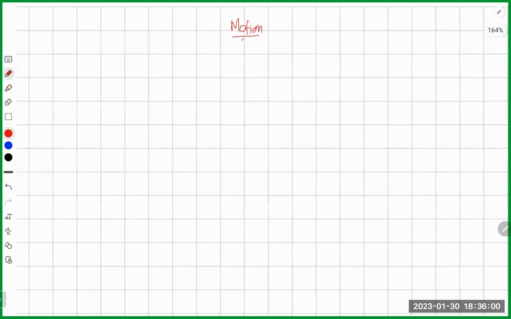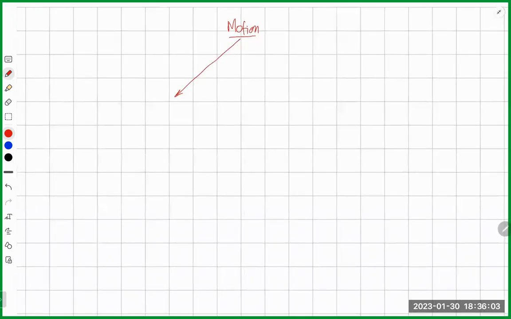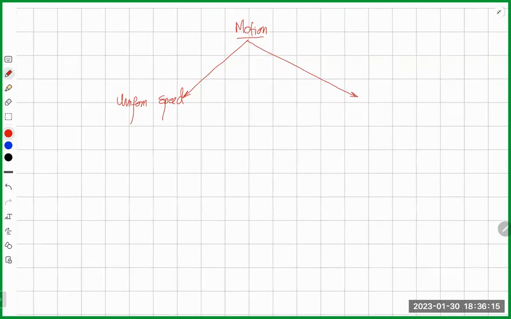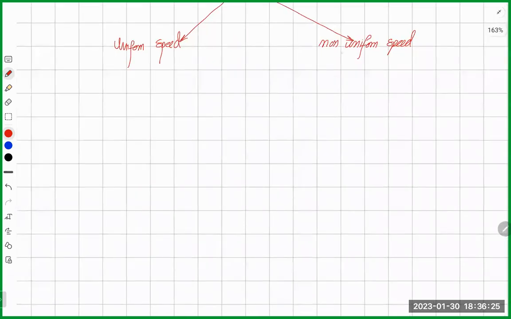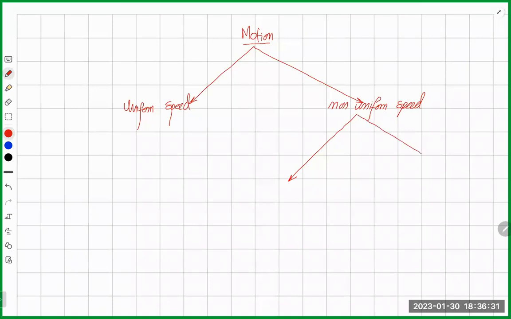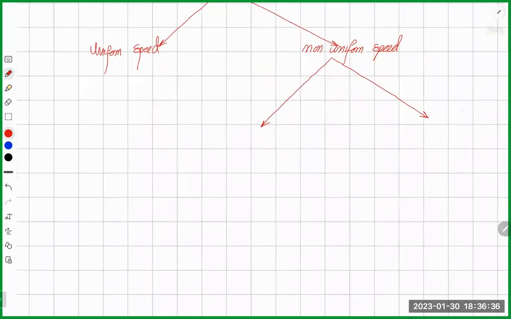Motion can be classified into two types: moving with uniform speed or moving with non-uniform speed. When an object is moving with non-uniform speed, there are further two possibilities. It can be moving with a uniform change in speed, and it can be moving with a variable change in speed.